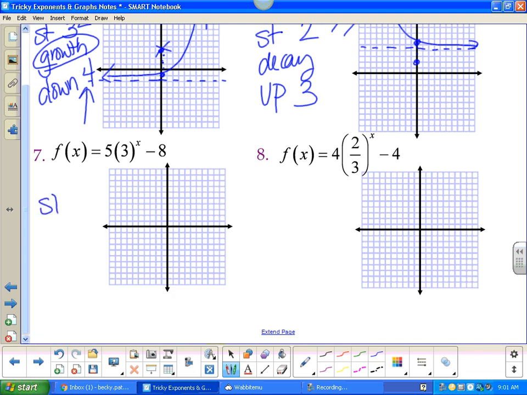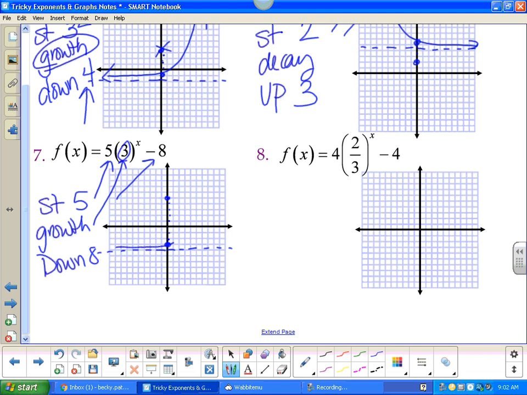Number 7 starts at 5, growth, and down 8. So 1, 2, 3, 4, 5, down 8. So 1, 2, 3, 4, 5, 6, 7, 8. Asymptote is 1 below it. And growth.